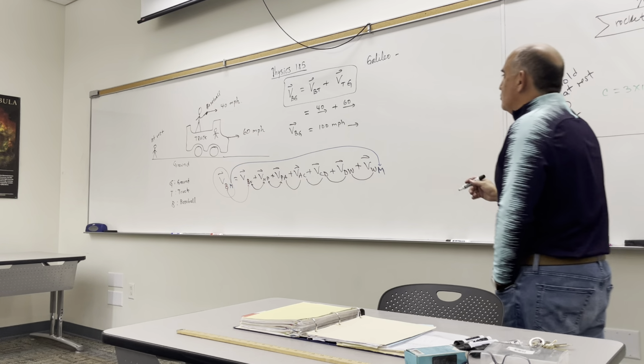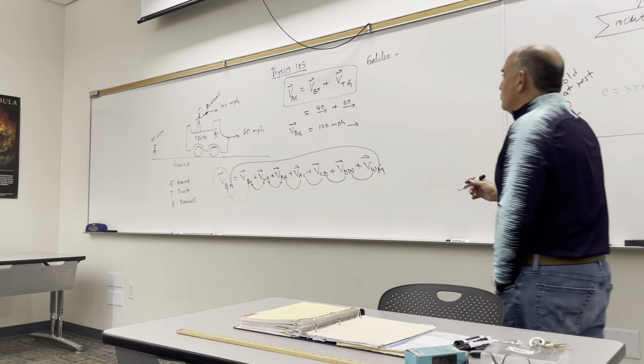So according to Einstein, though, if I said L for light, R for the rocket instead of the truck, and G for the ground, like this person here, if we use this expression over here, right, then what we want to know is the velocity of the light relative to this person, right?